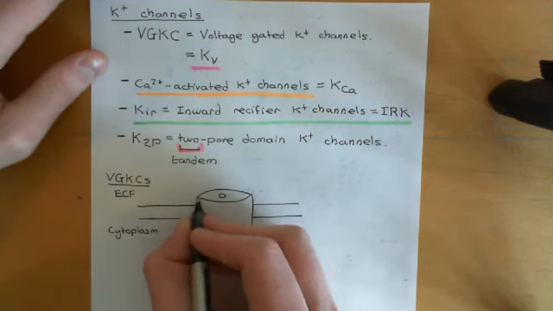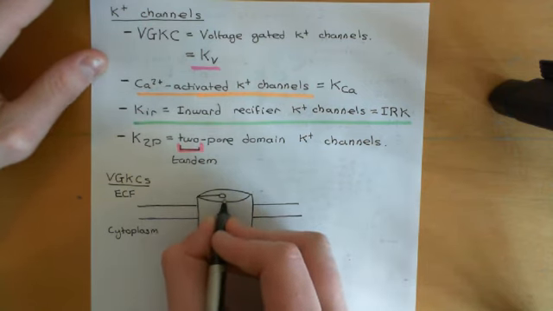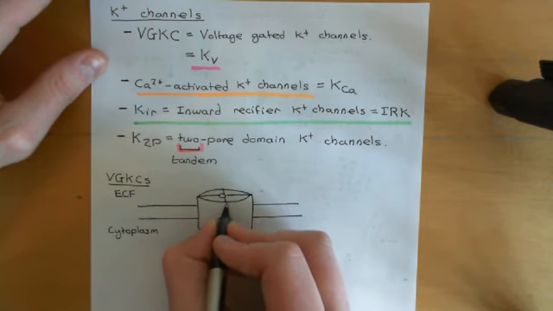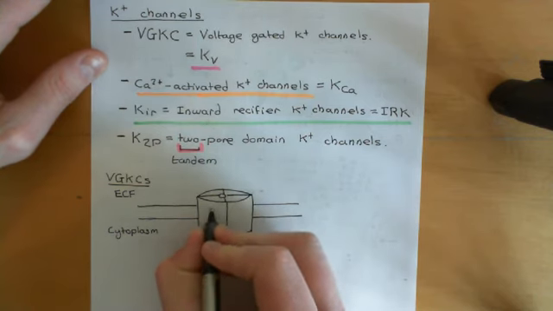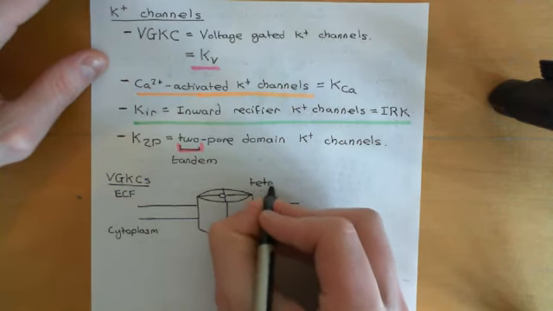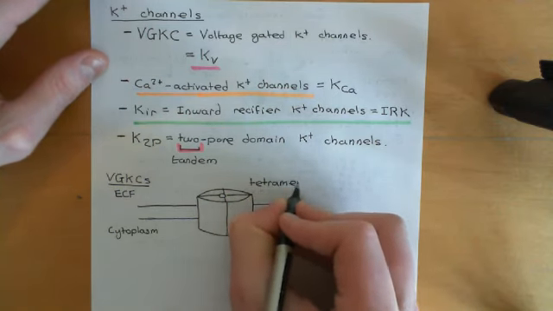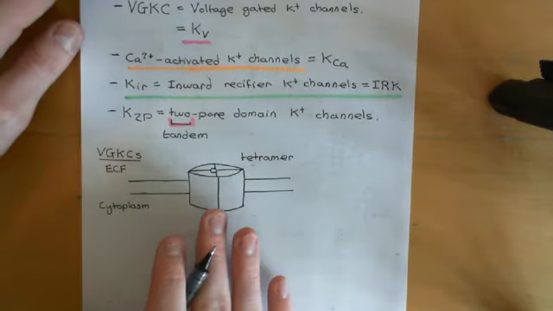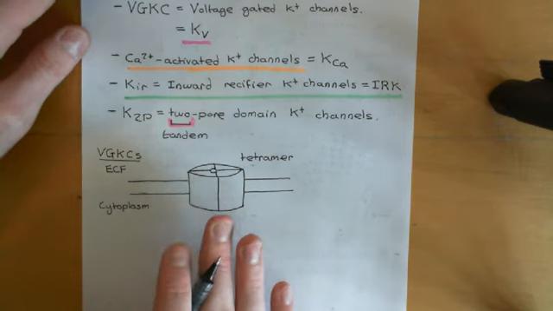Now voltage-gated potassium channels, in fact, are tetramers. They're made up of 4 quarters, basically, 4 separate subunits bound together. 1, 2, 3, 4. So they're a tetramer. Now this picture is oversimplified, but it's oversimplified helpfully. We'll come on to a more complicated picture of voltage-gated potassium channels later on.